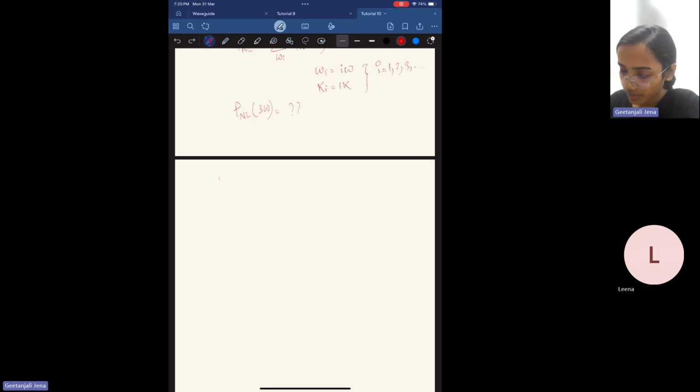Since chi is non-zero up to m equal to 3, PNL is epsilon chi 2 E squared plus epsilon chi 3 E cubed. For third harmonic generation, we need only this term.